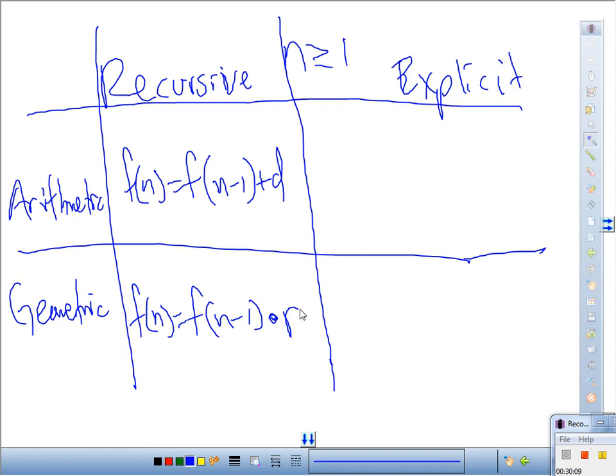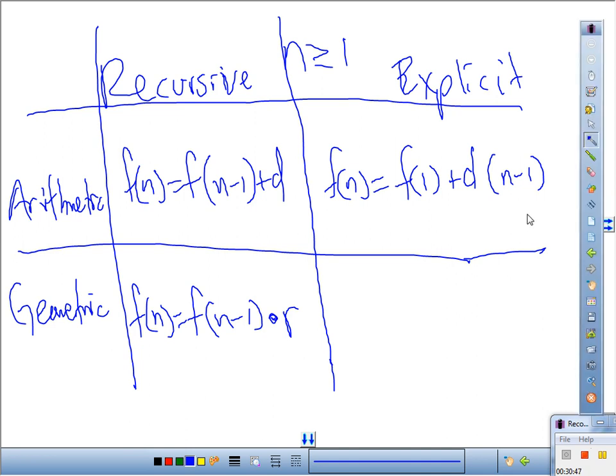All right. Let's go to explicit. F of n equals f of 1 plus b times n. Man, you guys are reminding me of kindergarten.